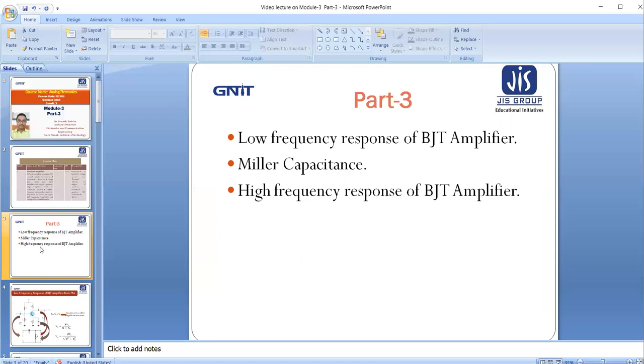Because in the previous module we had gained some introductory ideas about frequency response, and we had also calculated the mid band gain, input impedance, output impedance, current gain, power gain of a common emitter BJT amplifier. So today in this module I will discuss the response of the BJT amplifier when the signal frequency is low and high.